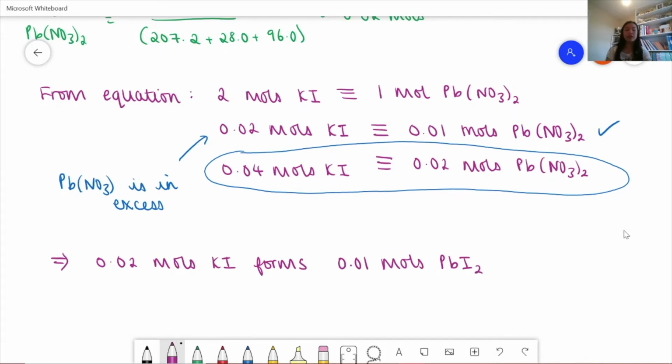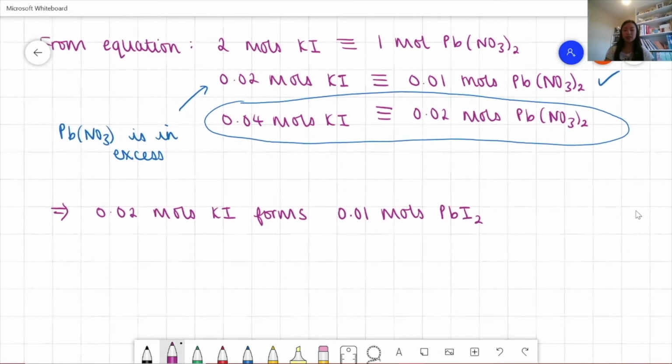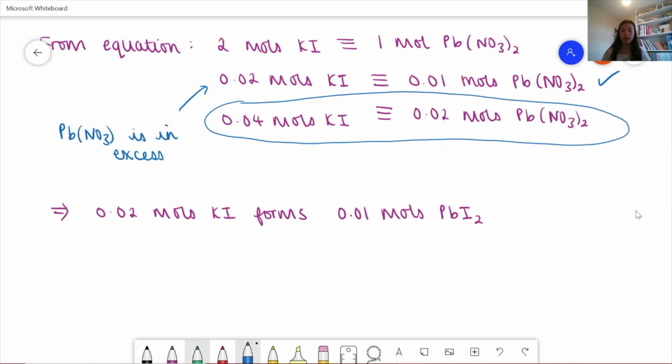And so now we can use this to work out our theoretical mass. So we have that the mass of lead iodide, which is theoretical, so the maximum it could be if we have nothing lost, would be moles multiplied by the MR, because we need to rearrange the equation we have for moles.